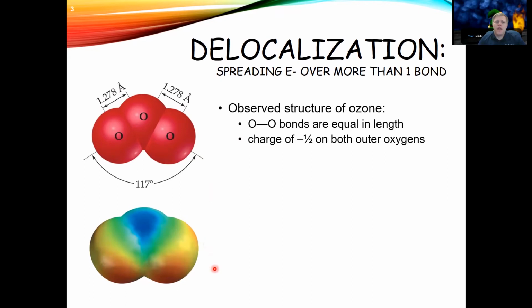And so in ozone, we actually see about -1/2 charge. This isn't a full formal charge, but a partial charge that we'd signify with a lowercase delta. We see a strong partial negative charge on both of our wing oxygens here.